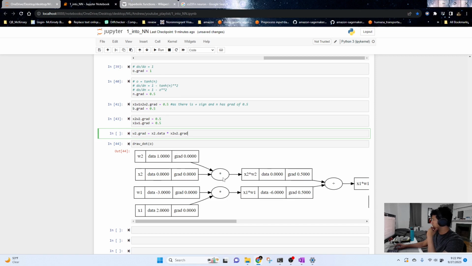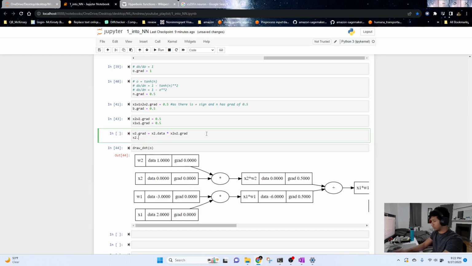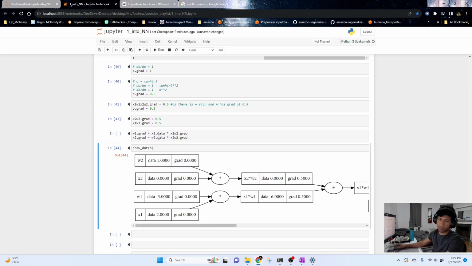In the same way, for X2, dot gradient is equal to W2 dot data into X2 W2 dot gradient. If you look closely at this specific X2 and W2, the value of X2 is actually 0.